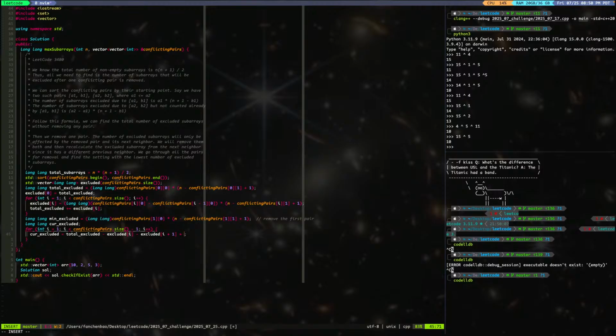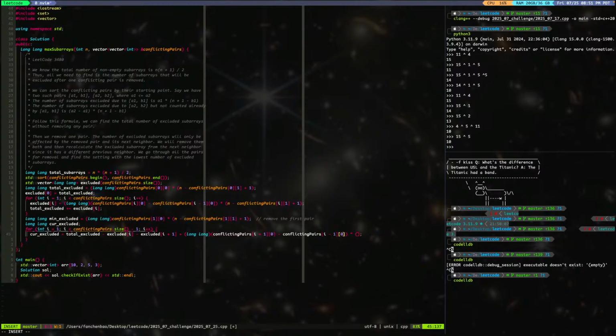So what I'm going to do is simply go long long something times something. So this is conflicting pairs i plus 1 0 minus conflicting pairs i minus 1 0.